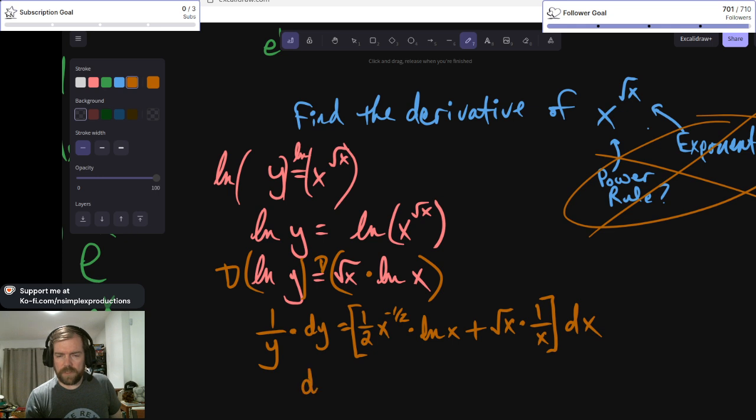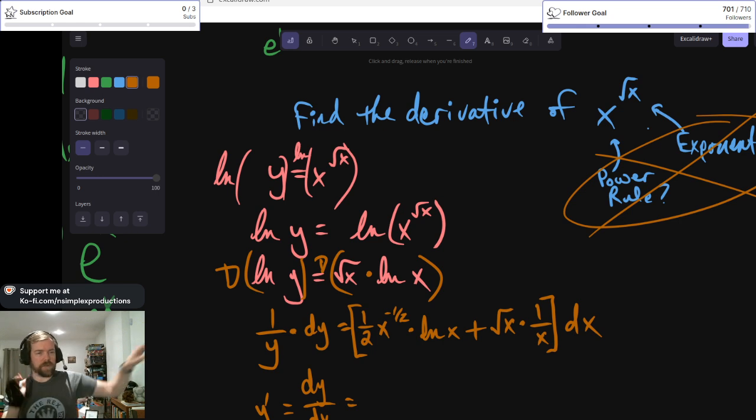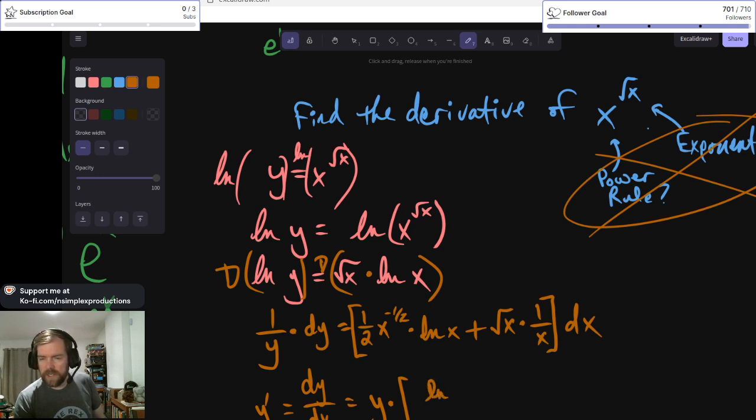And then if we want to take dy/dx to be the derivative of y, the original function that we had, that's going to be equal to, we would have to multiply by y on both sides. So y times, bracket, natural log of x divided by 2 root x, plus root x over x.